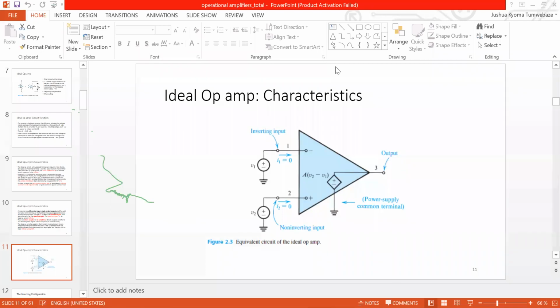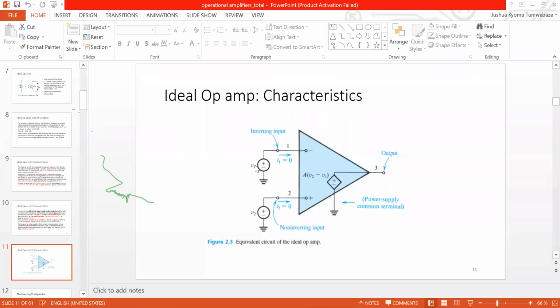So when we take these characteristics and put them into what we call an equivalent circuit, we represent them as shown in figure 2.3.